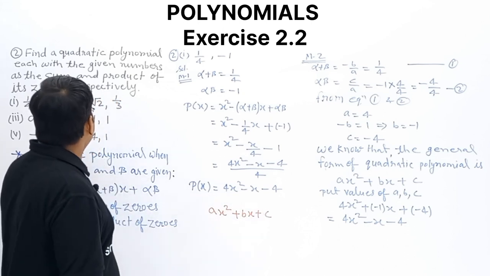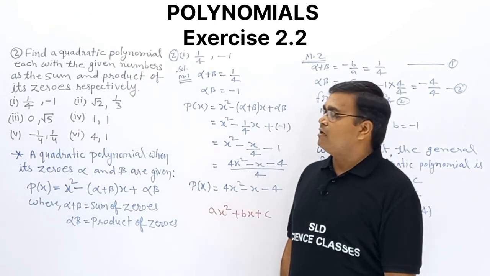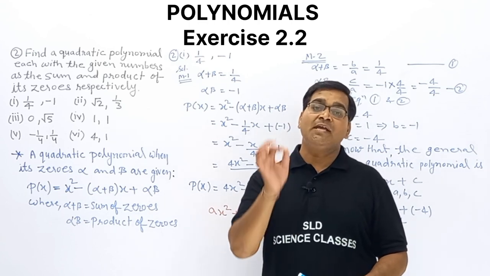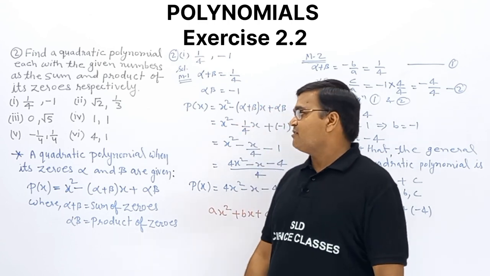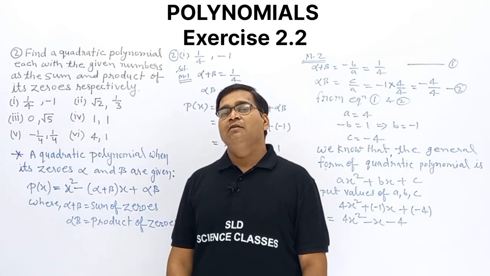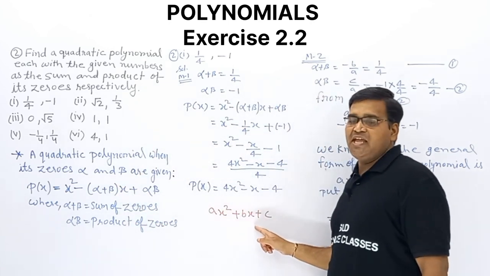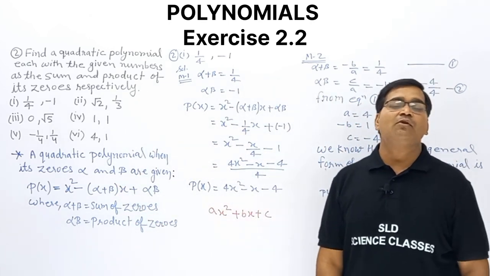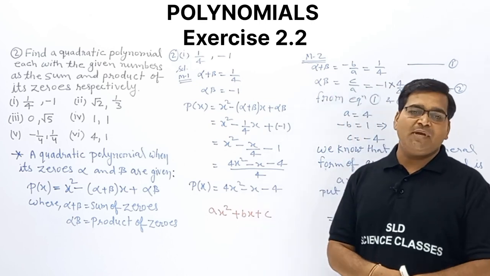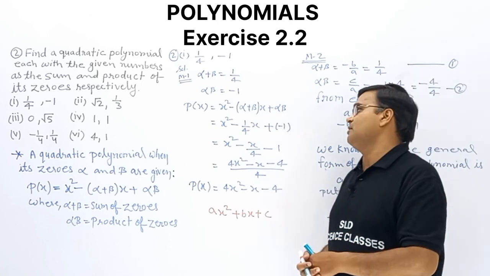Two data are given: the first shows the sum of zeros, and the second shows the product of zeros. By using these we want a quadratic polynomial, which has degree 2.